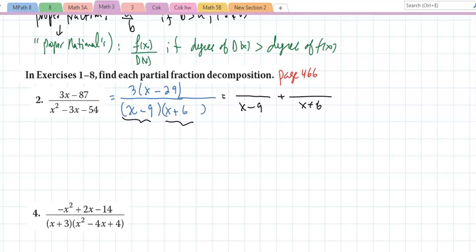And this is how it works. We need those to be proper. For this to be proper, I need the degree of the top to be less than the bottom.